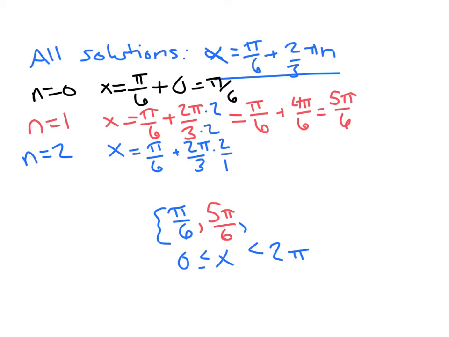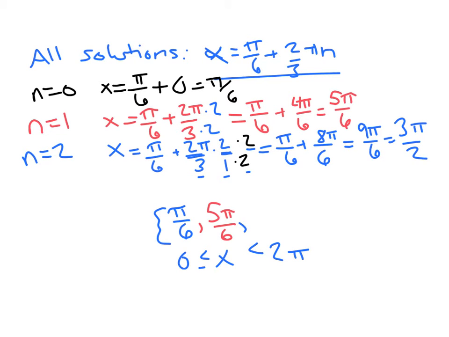If I want to combine those, again, I need a common denominator, so I'm going to multiply by 2 on the top and bottom, so that 3 times 1 times 2 on the bottom is 6, which is what I wanted. 2 pi times 2 would be 4 pi, times 2 again would be 8 pi. So we get 9 pi over 6, which reduces, if you divide the top and bottom by 3, to 3 pi over 2. That's 1.5 pi, so that's still less than 2 pi. So we want to add that to the solution set.